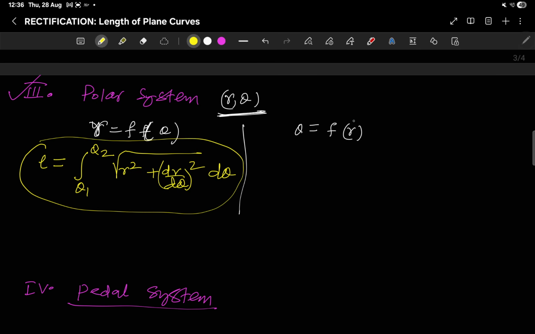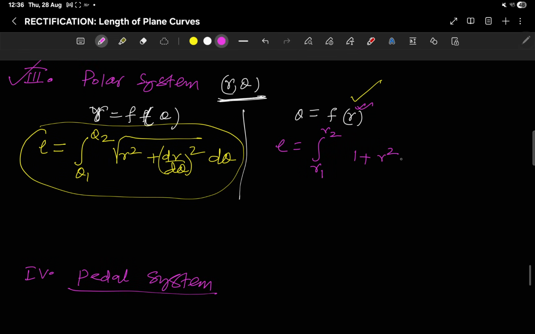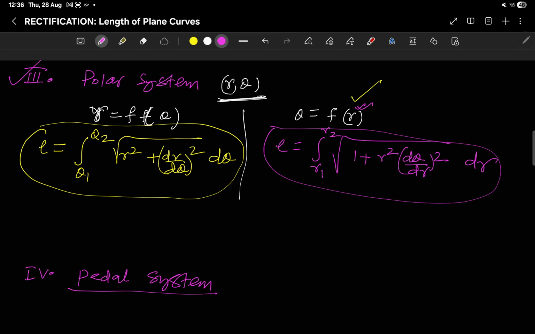If we express it the other way, then the formula will be: L is the integral, where r is the variable, from radius r1 to r2, of square root of 1 plus r square into d theta by dr whole square, dr. But usually we are acquainted with r is equal to f of theta, so the function is r is equal to f of theta in polar form.